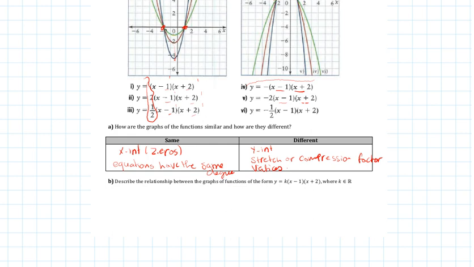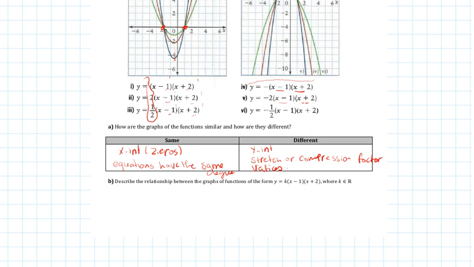So they do look the same. They have the same shape, but they have different stretch or compression. They have different y-intercepts and different vertices. The only thing they have the same is the x-intercepts.